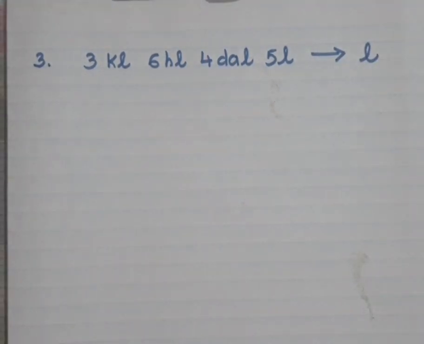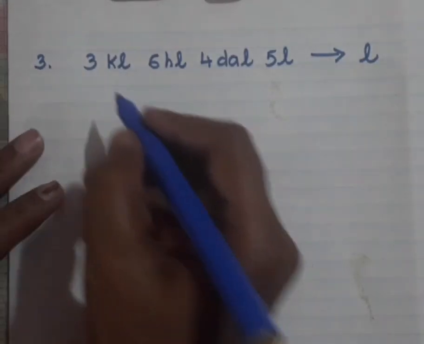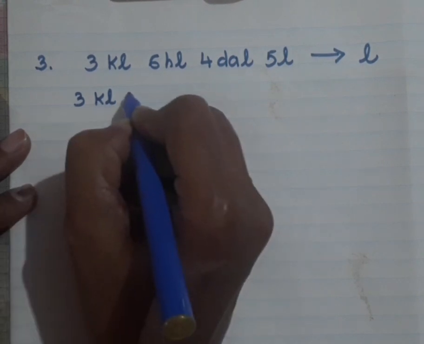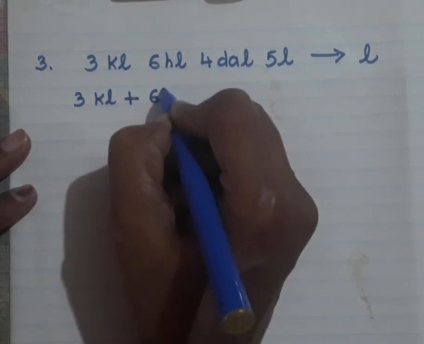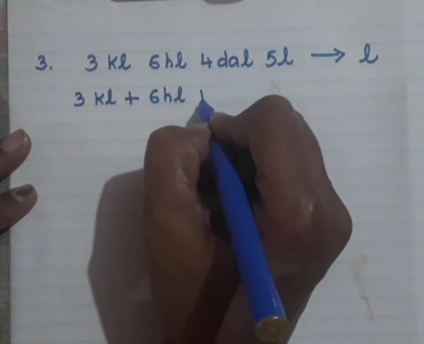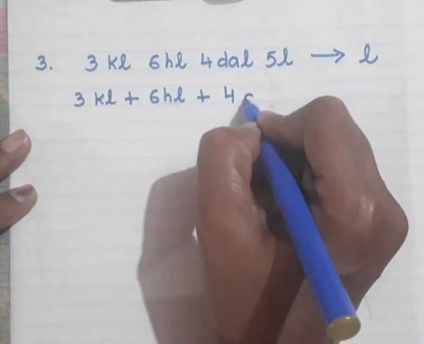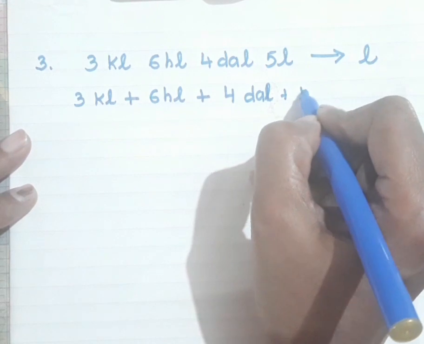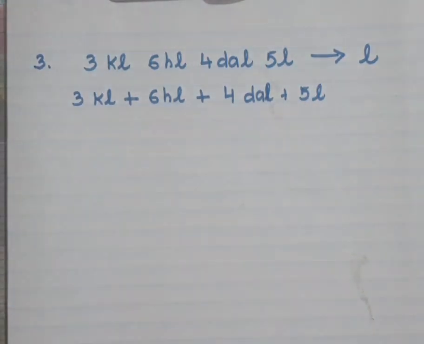Alright. And as I told you, to make our work easier, what do we have to do? 3 kiloliter plus 6 hectoliter plus 4 decaliter plus 5 liter. This should be written first. Okay. Now, this whole thing has to be converted to liters.